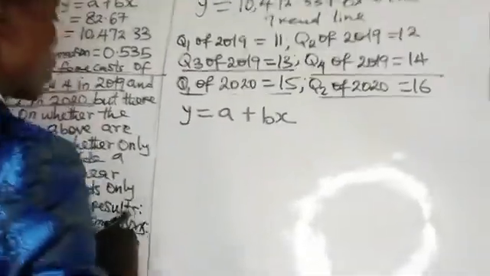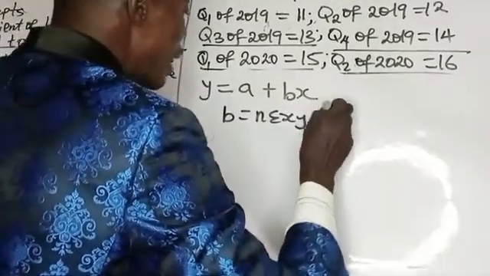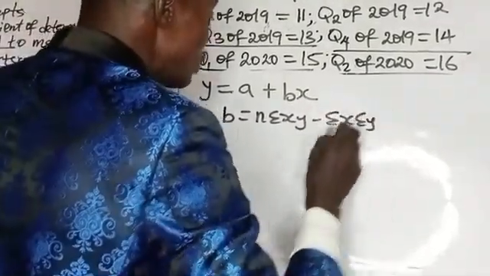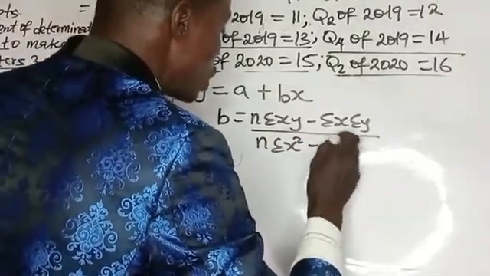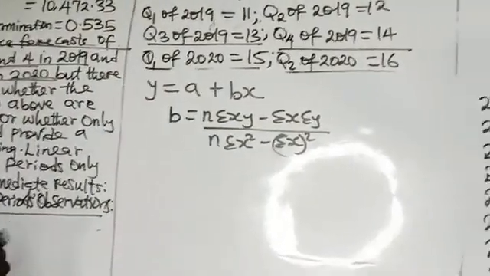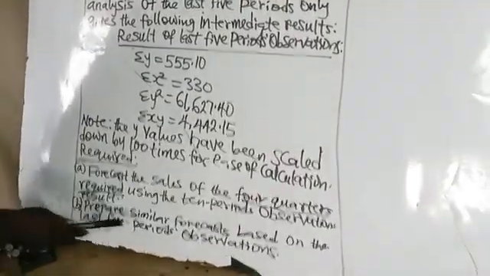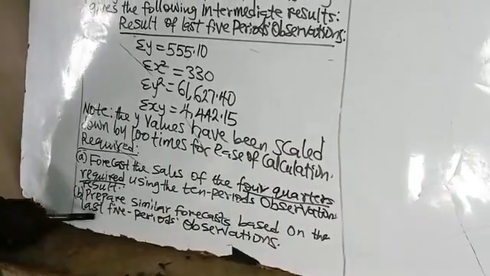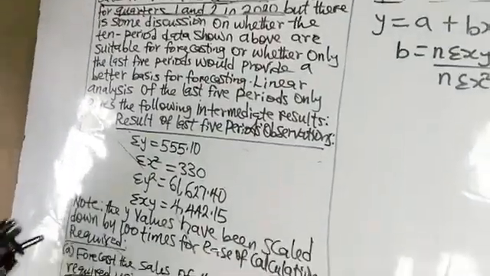And to estimate the value of b equals n summation xy minus summation x summation y over n summation x squared minus summation x all squared. Since you are to use 5 periods of observations, that means n is 5.